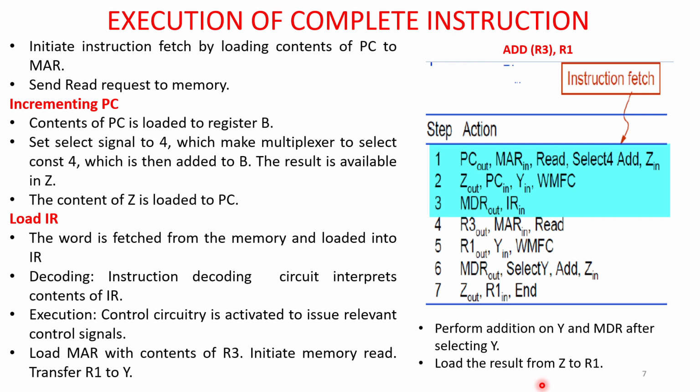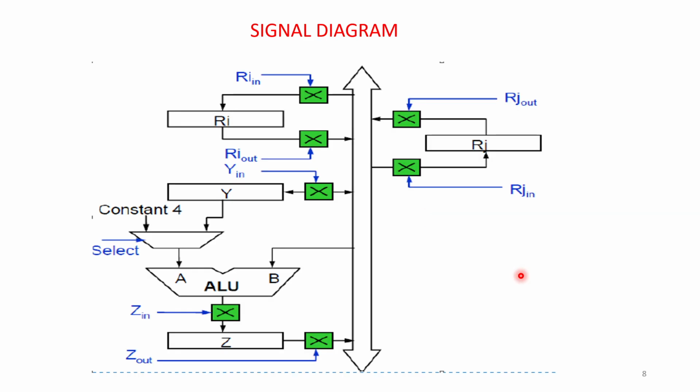This is the way we perform the task. Here the instruction given is add R3, R1, and this is the control signal sequence generated for the given instruction. Each register has in and out signals.